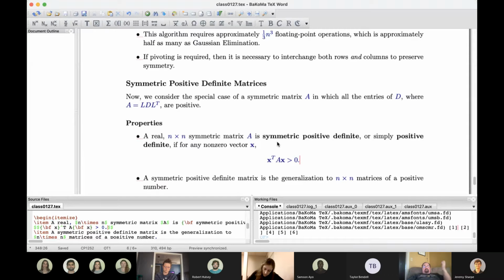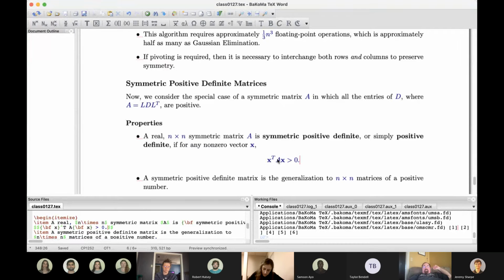You can think of a symmetric positive definite matrix as a generalization to n by n matrices of the notion of a positive number, as opposed to other possibilities like a matrix A having all entries that are positive. When a matrix is symmetric positive definite, it is still allowed to have some negative entries. They can't be on the diagonal. But as long as this property holds.